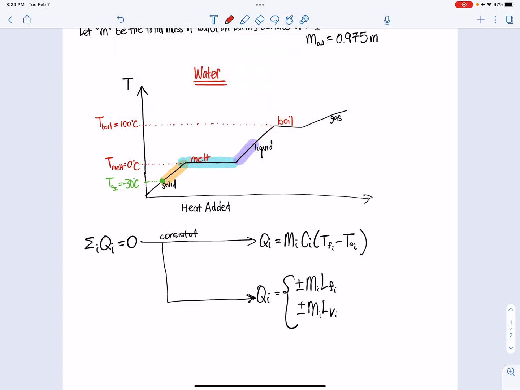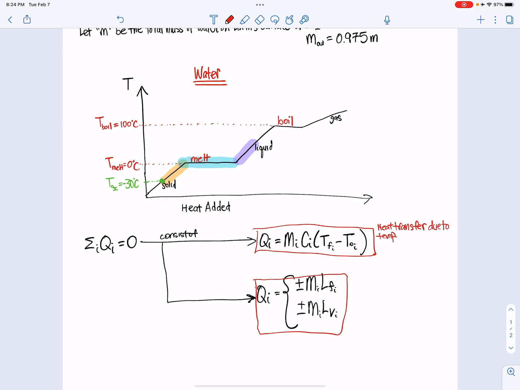So let's just note that down. This is the heat transfer due to temperature change within the same phase.